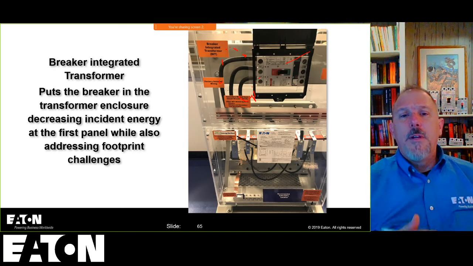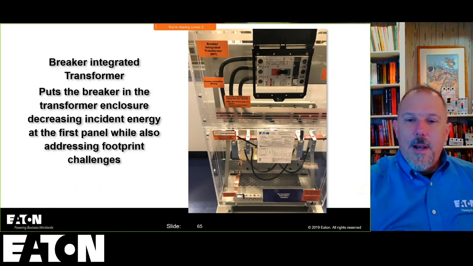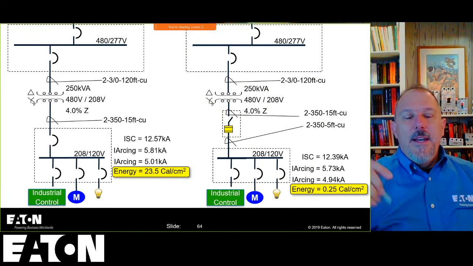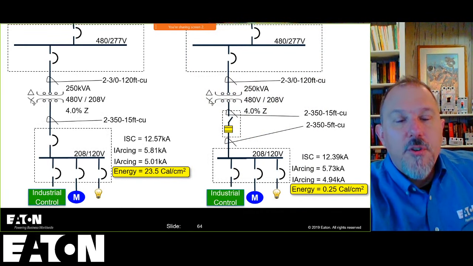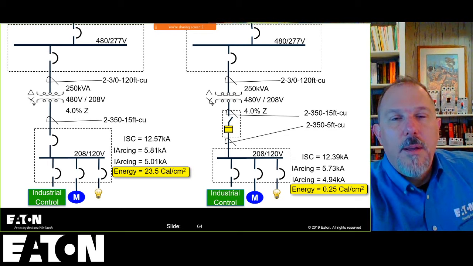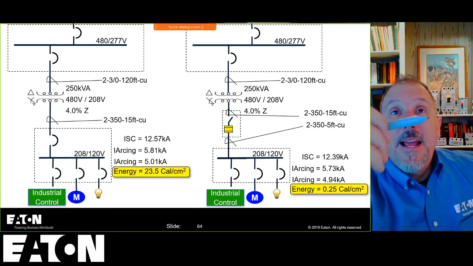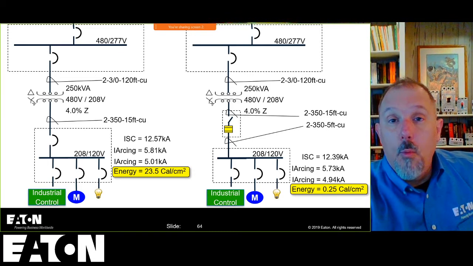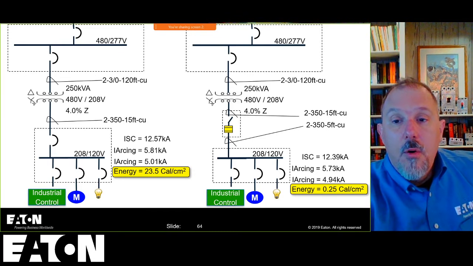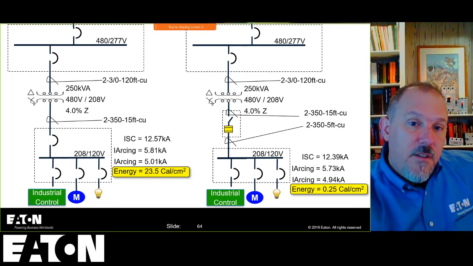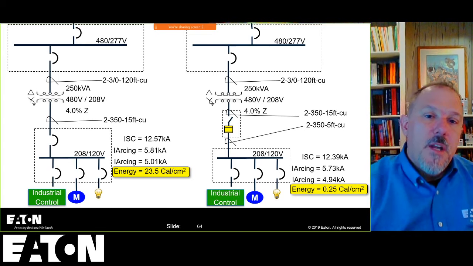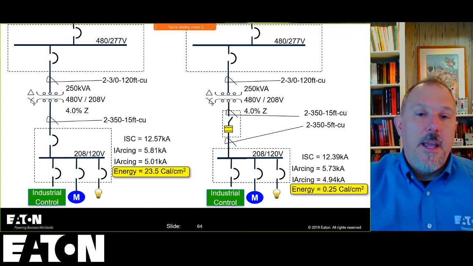Because when I look at SKM, I can't connect the transformer straight to a fuse or to a breaker. I have to put something in between there for an impedance. But to your point, I could put 1 foot worth of conductor or a foot and a half, something a little bit more realistic, and still put my 15-foot or 10-foot or whatever on the secondary of that breaker to get to the panel board.